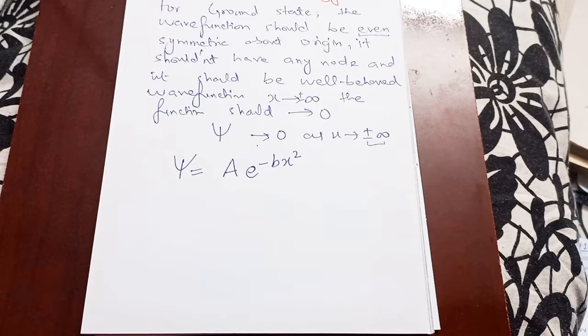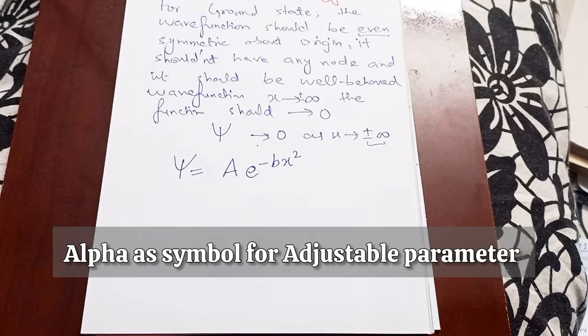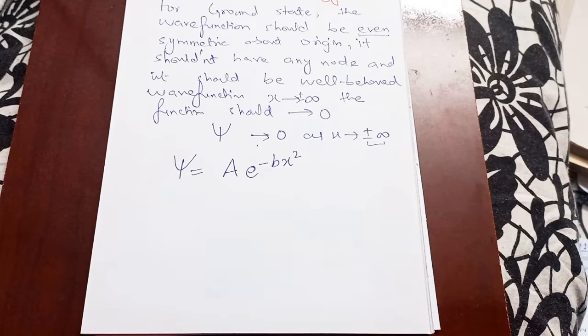Many books use alpha as the adjustable parameter, but I'm using b here. The reason is that when I was solving this problem by myself, using the alpha sign got me tricked with some other symbols, like I mixed it with a or 2 or something like that. That is why I used b here, to make it easily seen and differentiated from the rest of the parameters that we have in the equation.